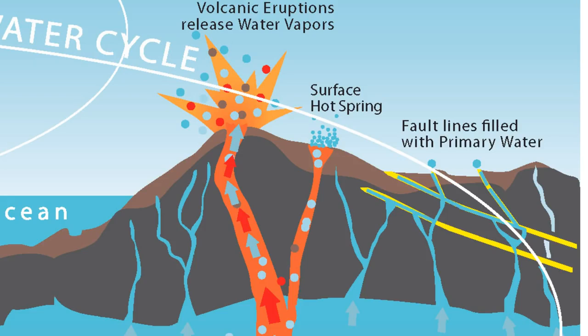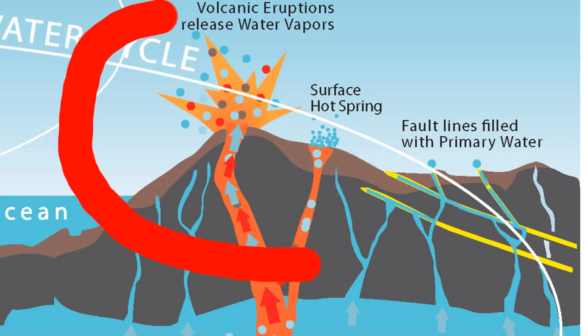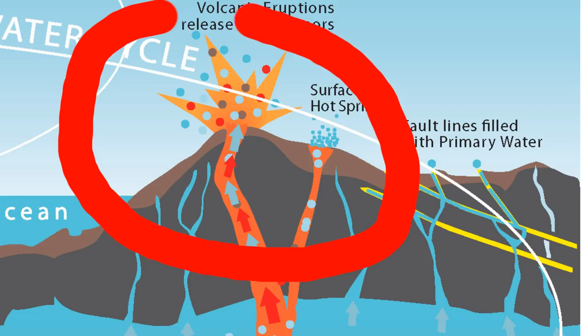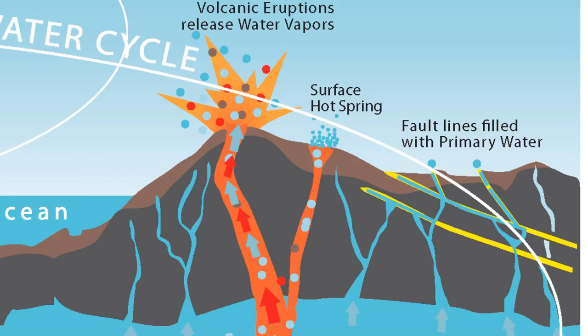So then we're moving along to the right, and we're seeing this mountaintop where it's a volcanic eruption and release of water vapor. Could you talk about that?